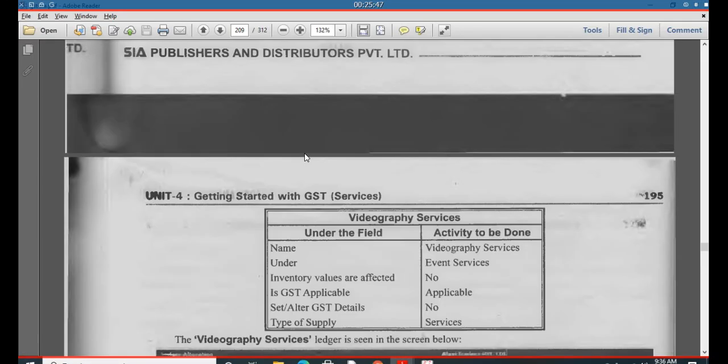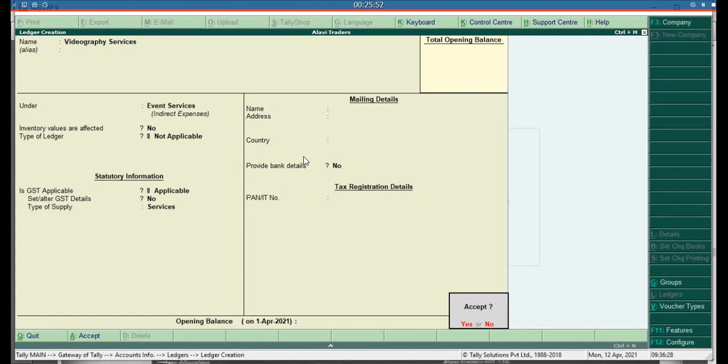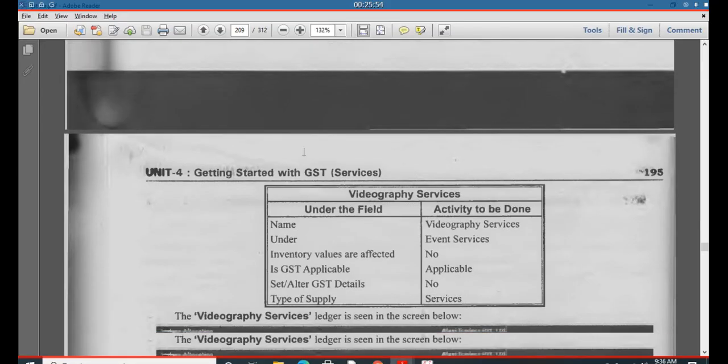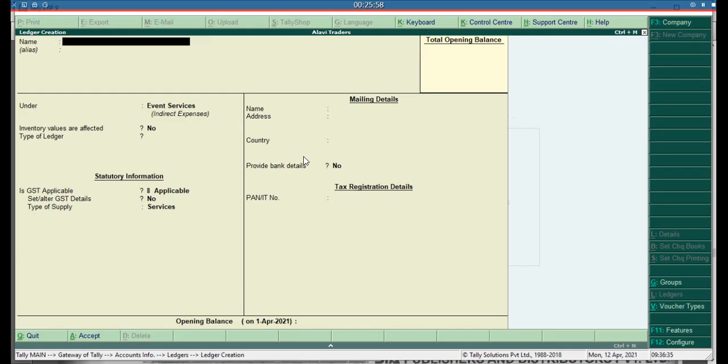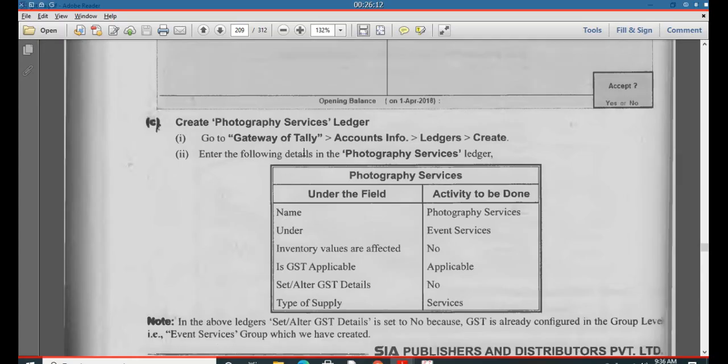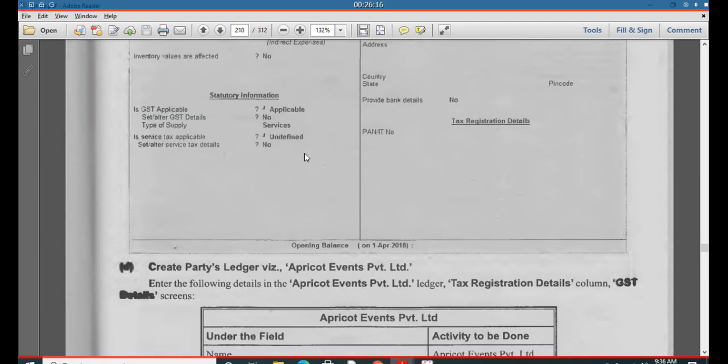Set out all details: no. Type of supply is services. Videography services is already created. Next we have to create photography services. Same way, you have no need to make any changes. Why? Because we have already initialized the GST amounts at the time of group creation.